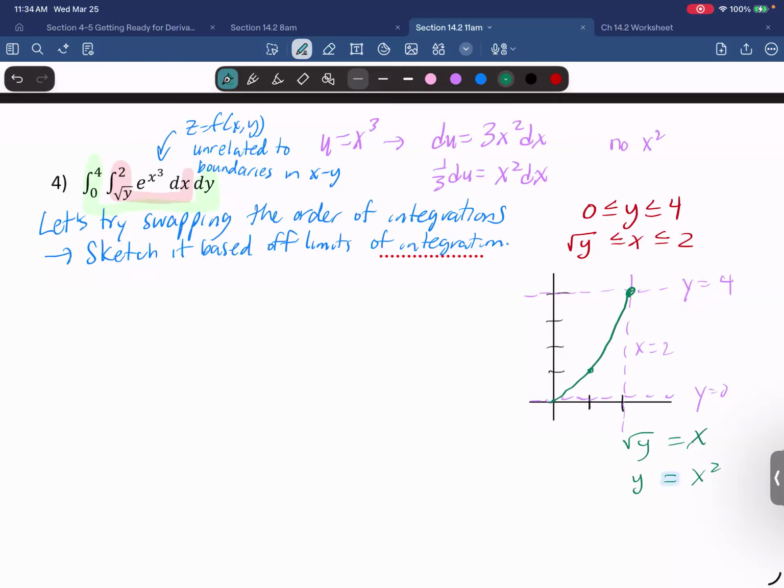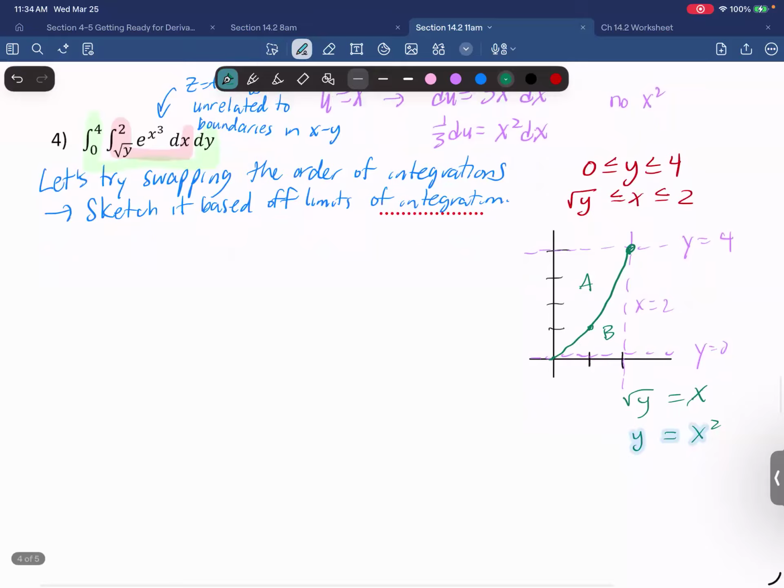So now we're either in region A or region B. Which region are we in? Try a test point. If you're uncomfortable with what happens by squaring it and keeping the inequality, try a test point.